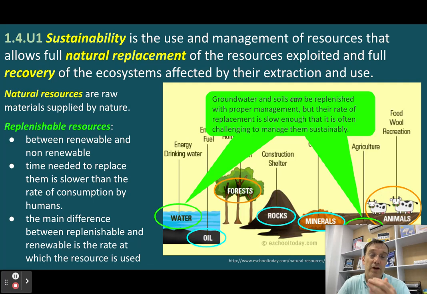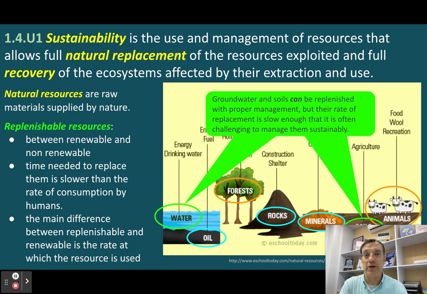In ESS, we also discuss a middle category that I call replenishable resources. These are resources that can be replenished as long as they're managed appropriately, but their rate of replacement or restocking is slow enough to make it challenging or difficult for people to actually replace them adequately. It's kind of hidden right here behind my picture, but soils are a classic example of a replenishable resource.